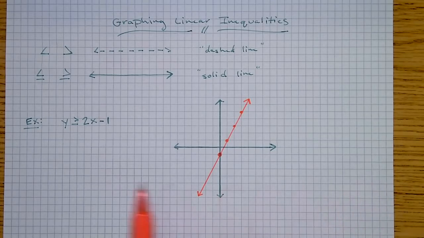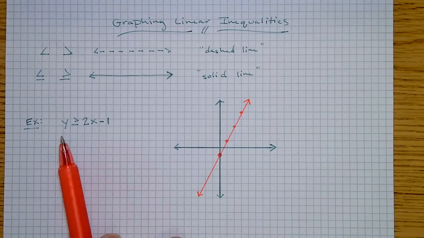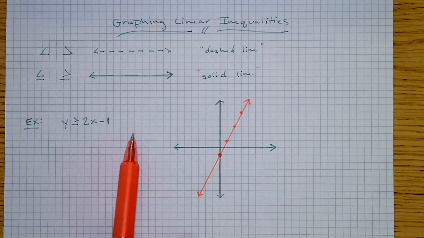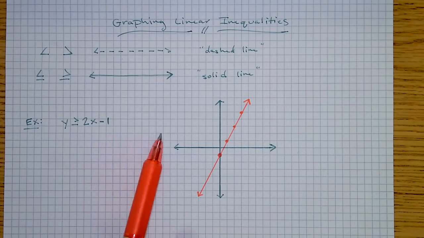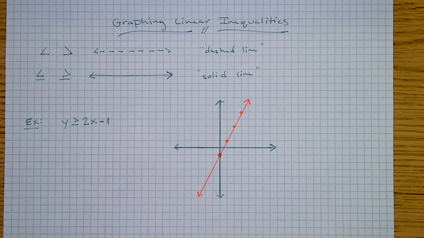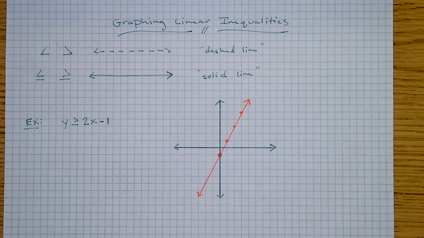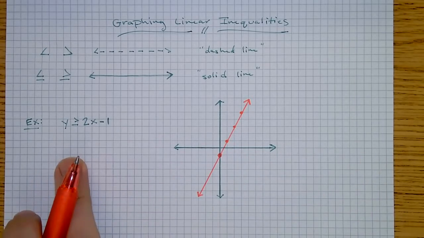So the last thing we need to do is figure out which side we should be shading on. There's a couple different ways to go about it. I'll show you the more precise one: pick a point on either side of the line and plug it into the equation.